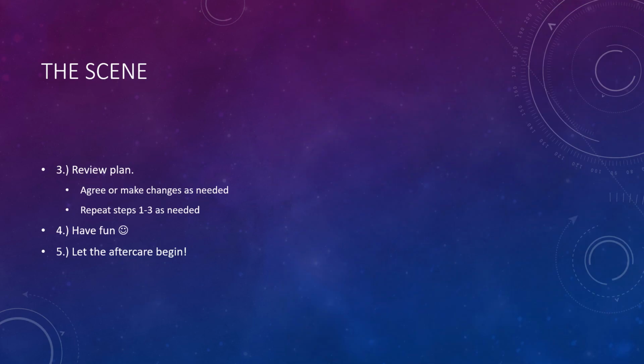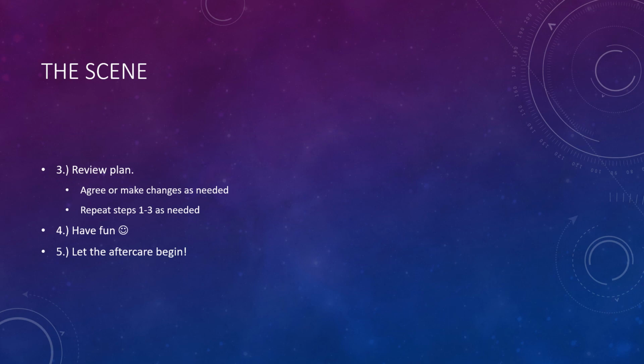Step 3. Review the plan that you just made. This is where you either A, agree 100% and are good to go, or B, you have some questions or concerns and need to revise. You can literally repeat steps 1 through 3 as many times as needed until you both agree on the plan.